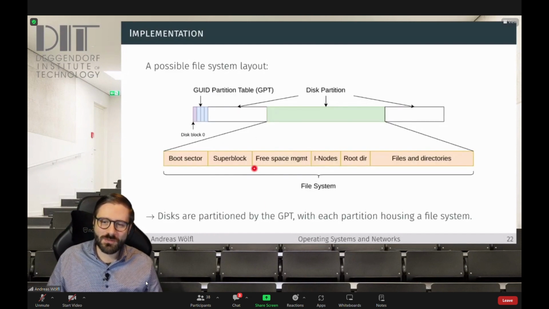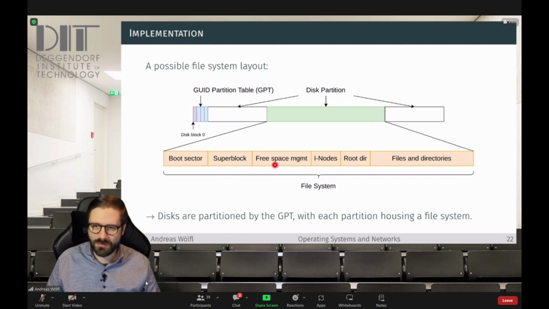Then we had the super block. The super block is where the metadata resides. So all the configuration parameters, for example, how big a disk block is, where the free space management resources reside on the file system, where the inode starts, and such. All this kind of metadata is in the super block.